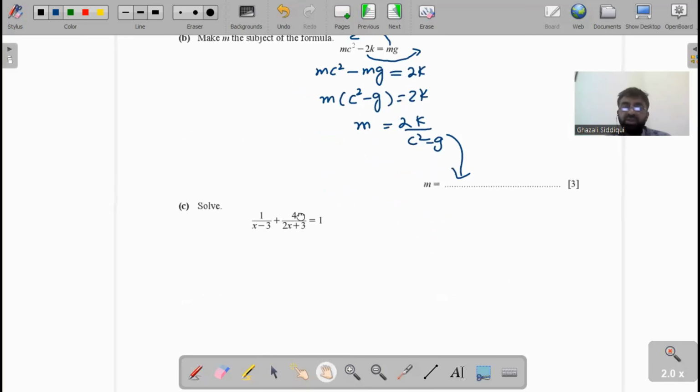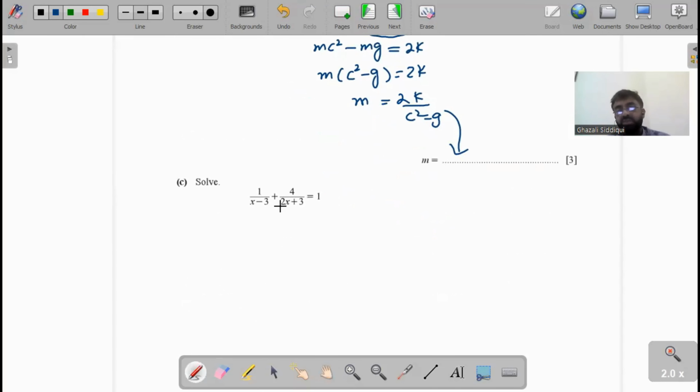Now the next part is 1 over x minus 3 plus 4 over 2x plus 3. We take the LCM, x minus 3 into 2x plus 3, that's equal to 1.